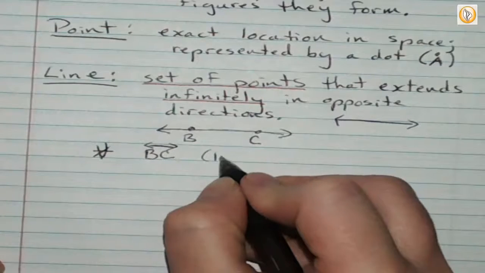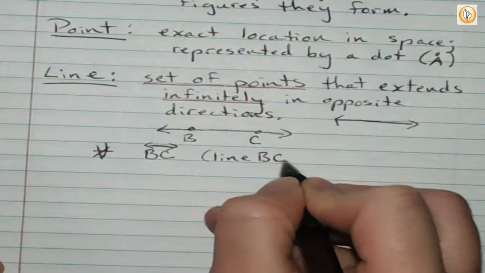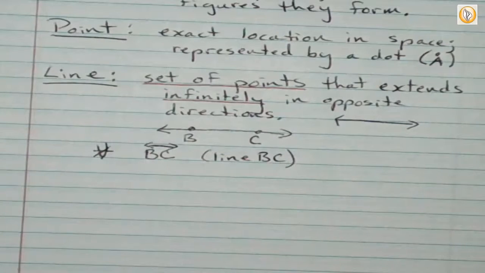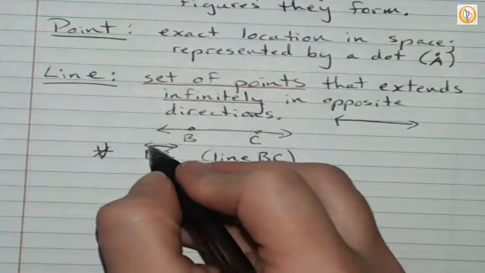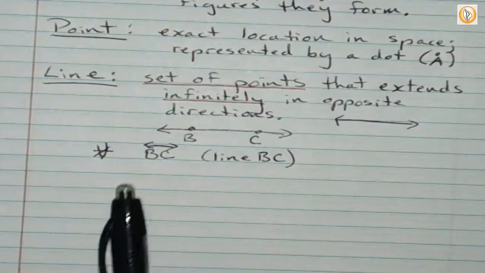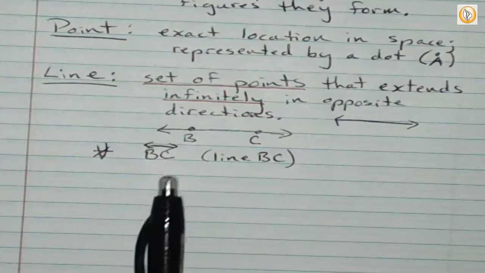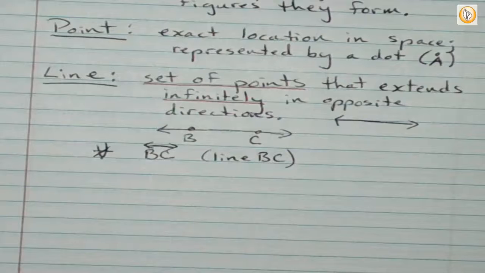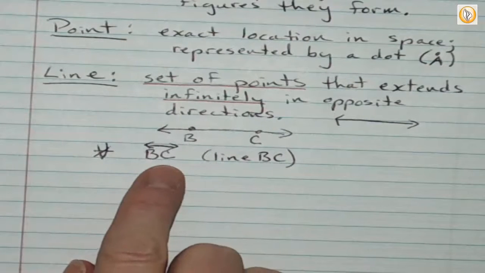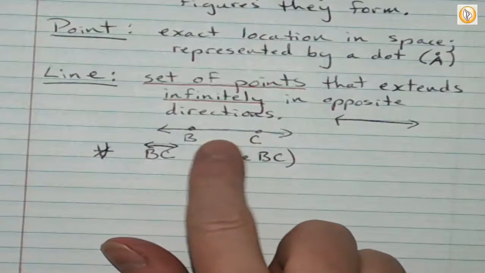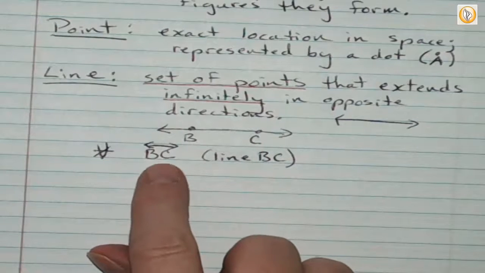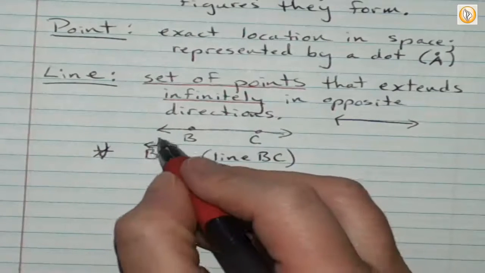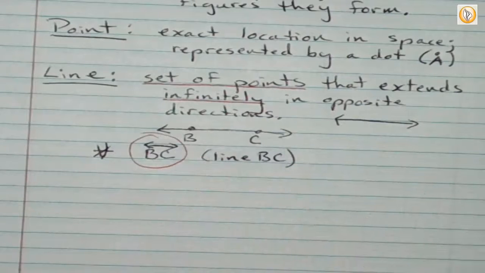And it's read line BC. Okay, now, please remember, if you do not do the little arrows up there, it's going to be wrong. So the symbol, if I'm referring to this line, line BC, you write it like this. This is how you write it. And you have to have that symbol up there. That's the one thing kids tend to forget, is putting that little symbol up there.